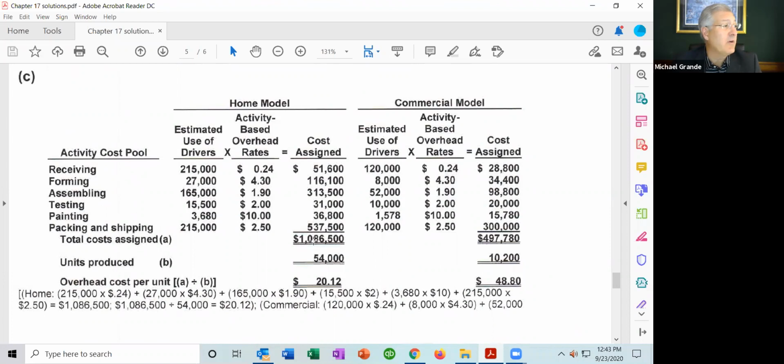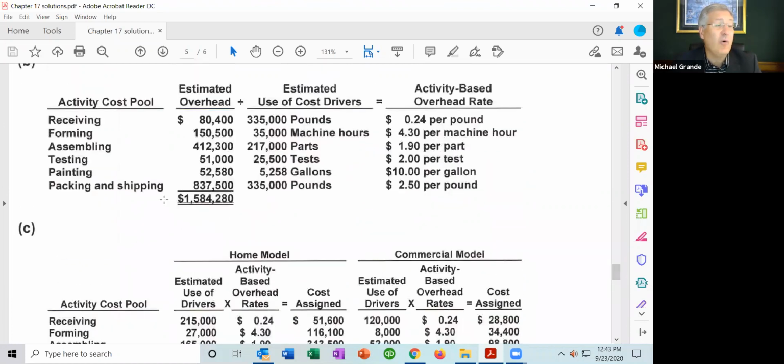They come up with overhead assigned to home of $1,086,500 and overhead assigned to commercial $497,780. You should check your math, because those two numbers should equal what? The total overhead for each one of these things.